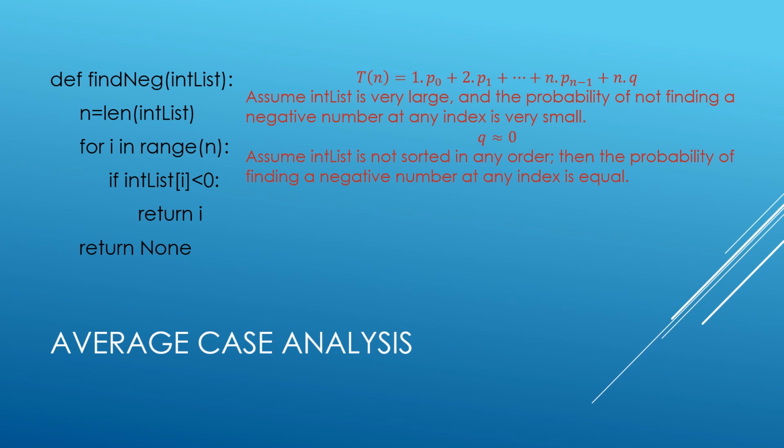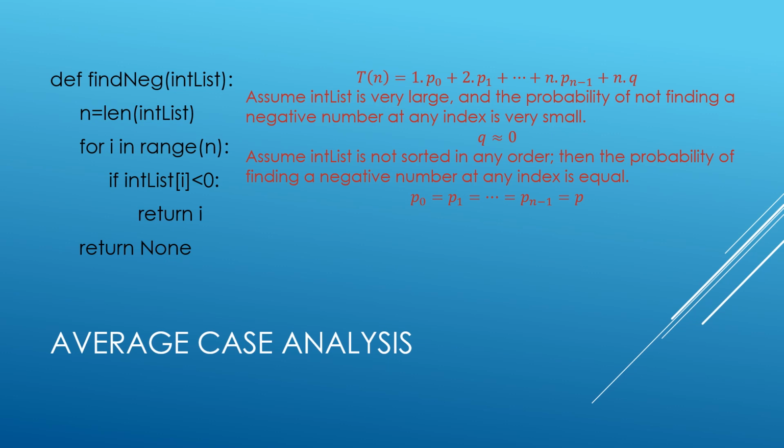If the list is sorted in ascending order, you will find negative numbers only in the beginning. If it is sorted in descending order, you will find negative numbers only at the end. But saying that it is not sorted at all means that the negative number can be anywhere.